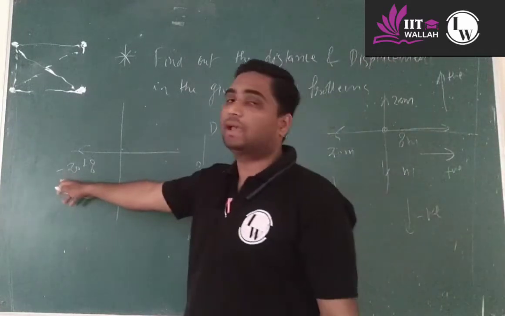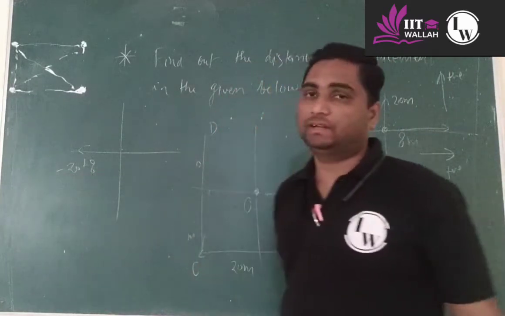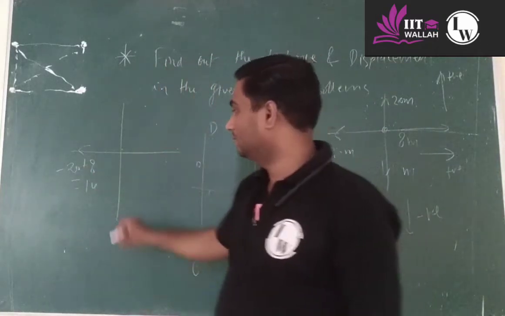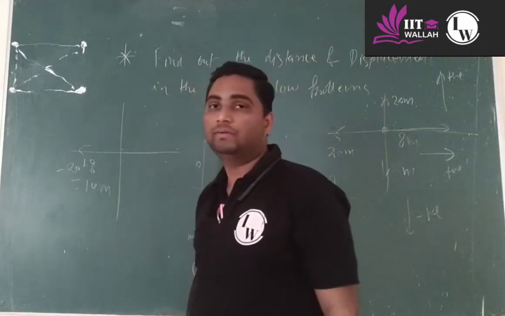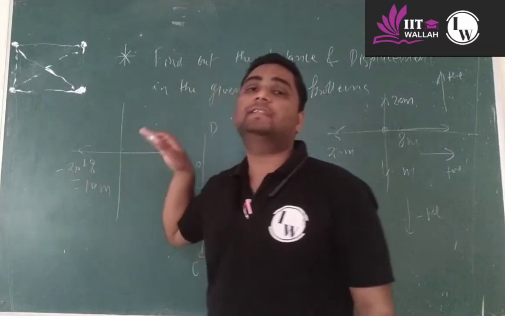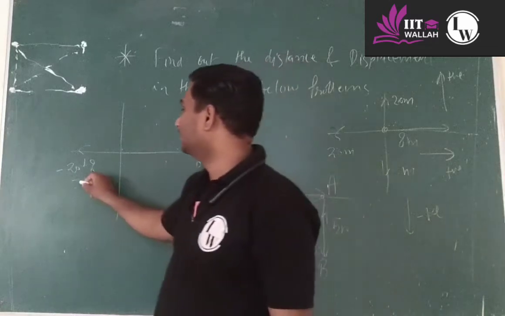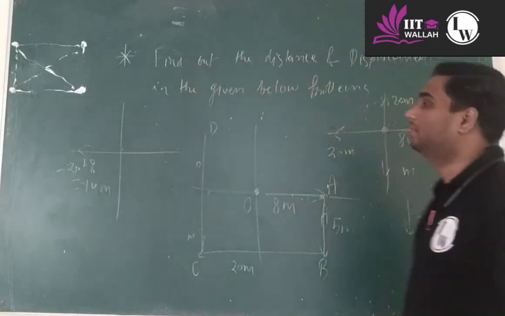So minus 20 plus 8 is minus 14 meters. This minus sign indicates the direction is negative, in the leftward direction. So this is minus 14 meters.